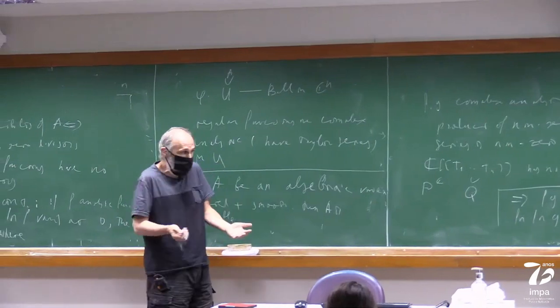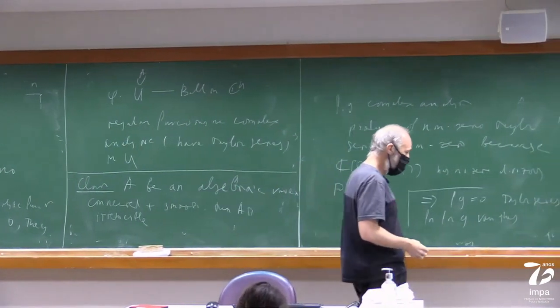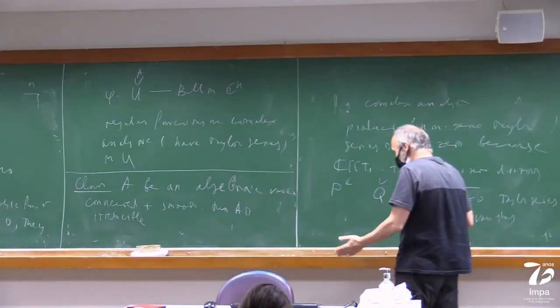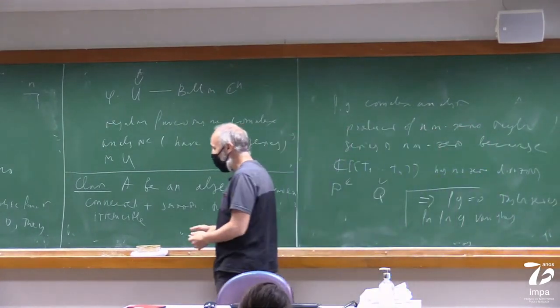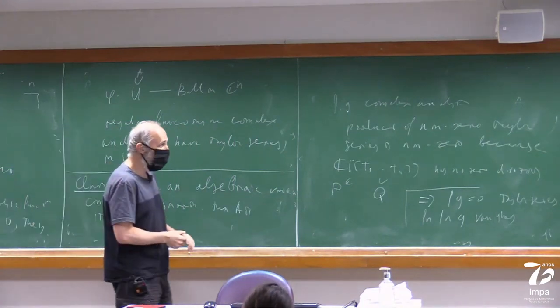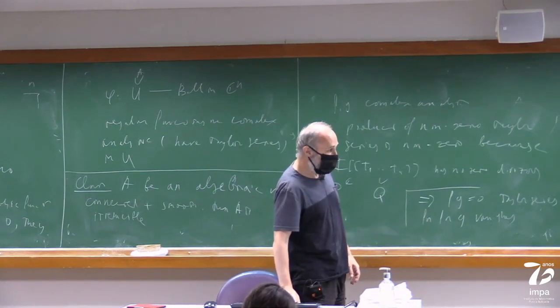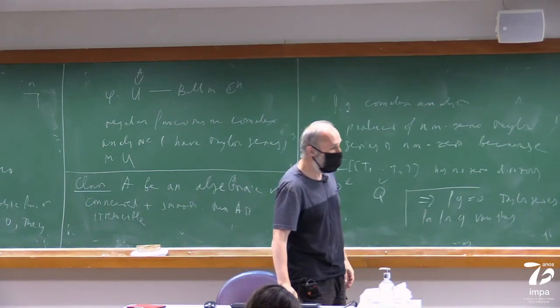On the other hand, it is closed, because the limit of zeros is 0. So it's an open and closed set. It has to be everything because our manifold is connected. So this is why we cannot have zero divisors for complex analytic functions.